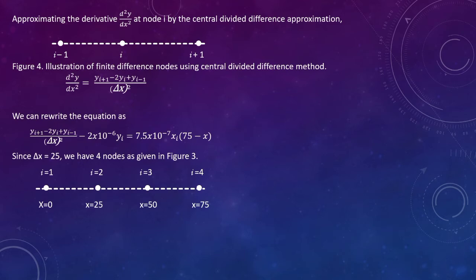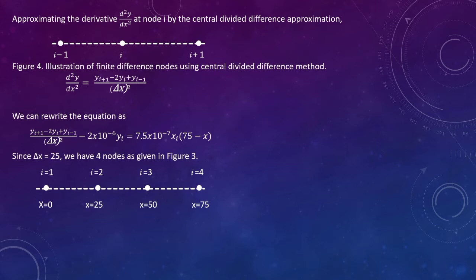We can rewrite the equation as y sub i plus 1 minus 2y sub i plus y sub i minus 1 over delta x squared minus 2 times 10 raised to the power of negative 6 y sub i equals 7.5 times 10 raised to the power of negative 7 times x sub i times 75 minus x.